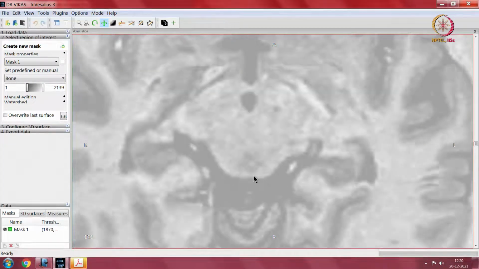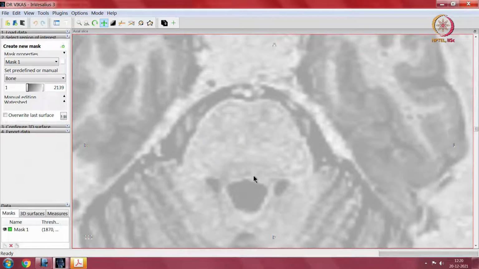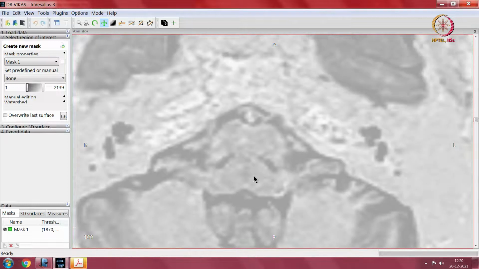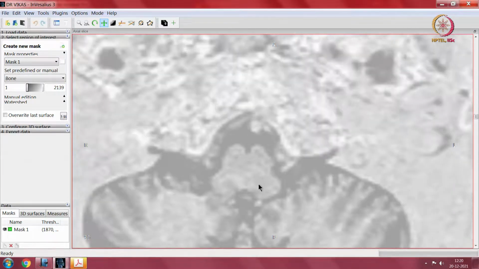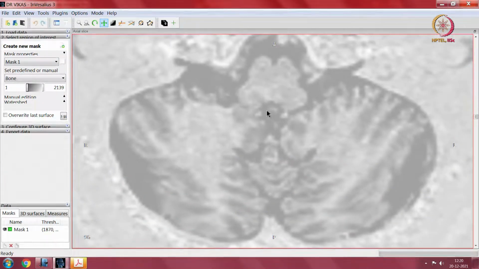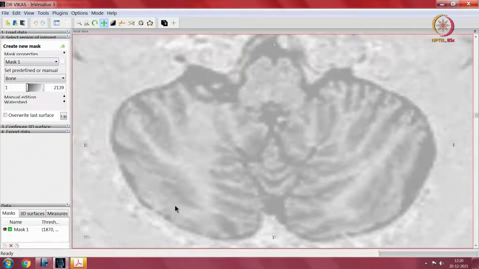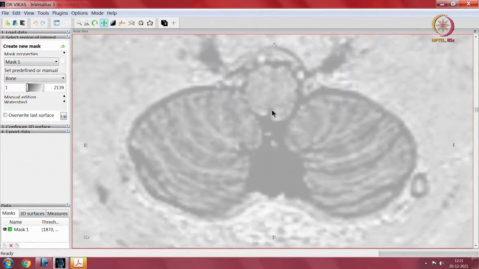That is how the colliculi, and that is the midbrain. Midbrain, pons and lower down medulla, cerebellum is here, left hemisphere, right hemisphere.